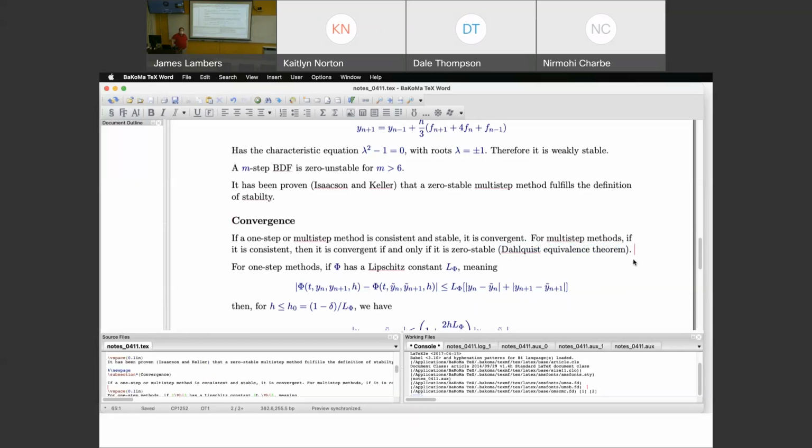Dahlquist has several very important convergence theorems related to multi-step methods, and I'll mention more of them a little bit later. The Lax Equivalence theorem for one-step methods states that consistency and stability imply convergence.